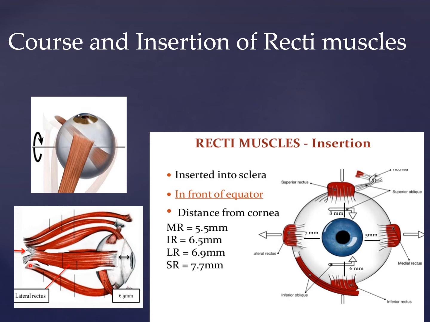Inferior rectus also originates from the annulus of Zinn and it courses anteriorly, downward and laterally along the floor of the orbit and inserts into the sclera 6.5 millimeter behind the limbus. Superior and inferior recti make a slightly angular attachment with the eyeball.